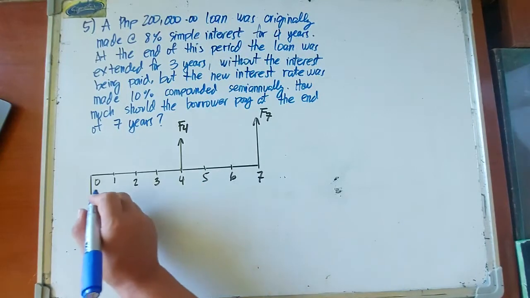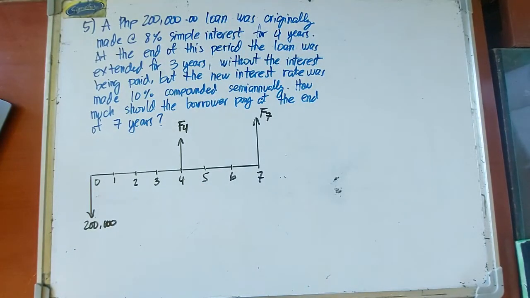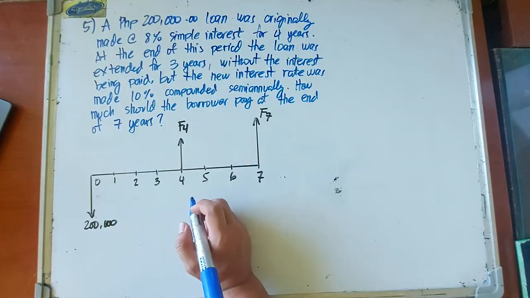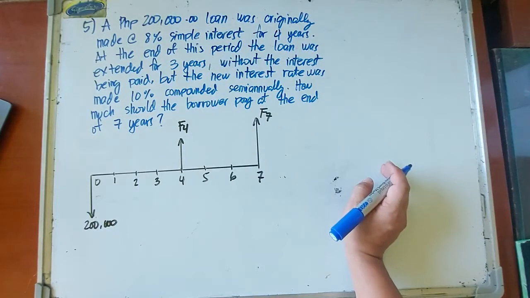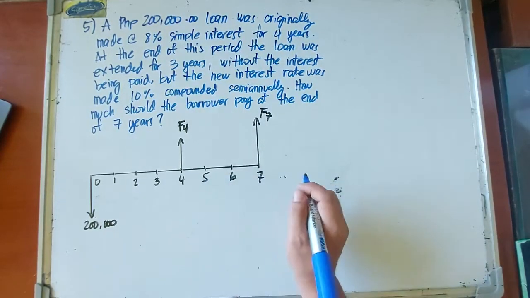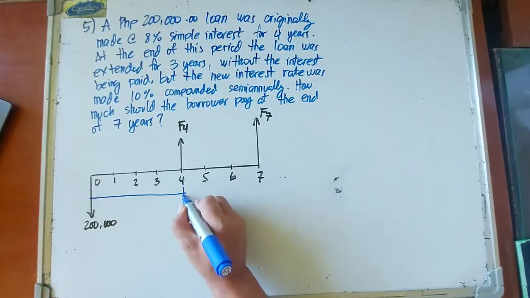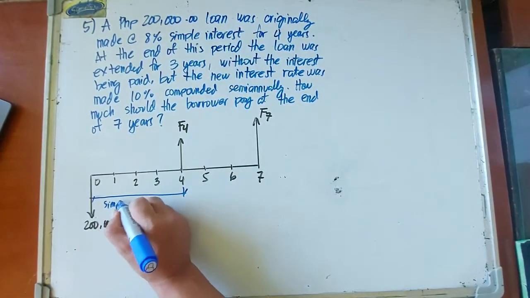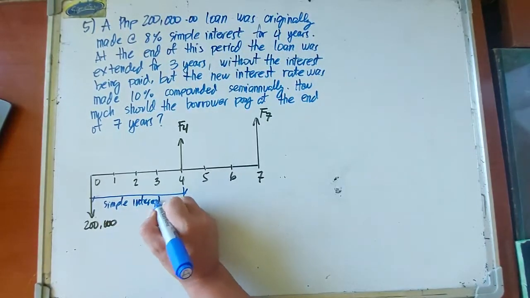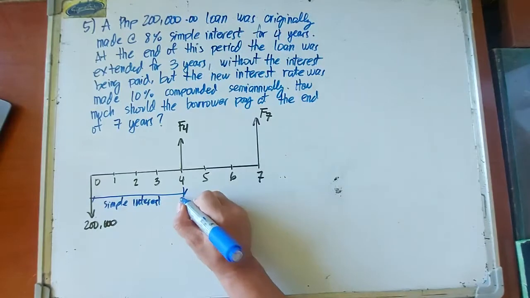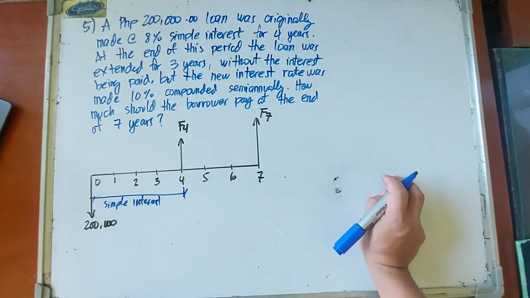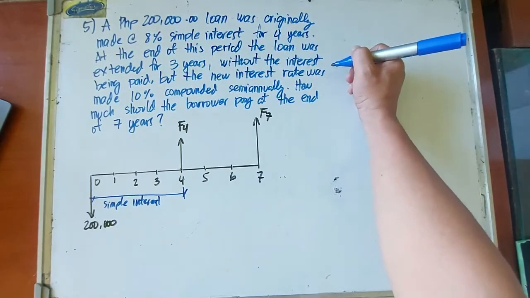The borrower did not pay, so they had an agreement with the lender to extend for 3 years, with different payment terms now.